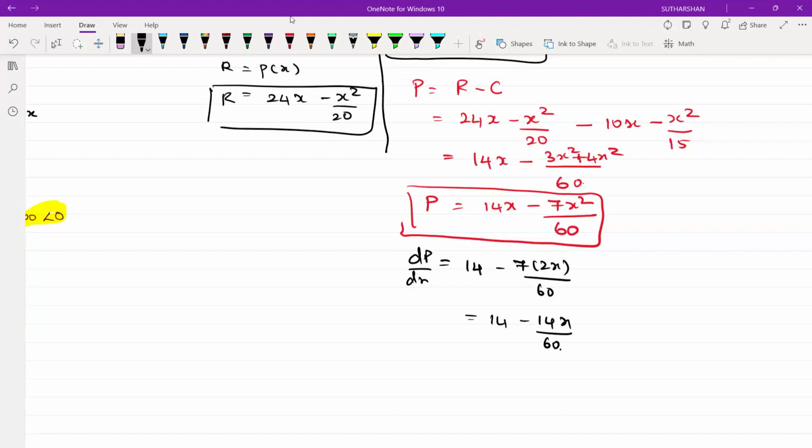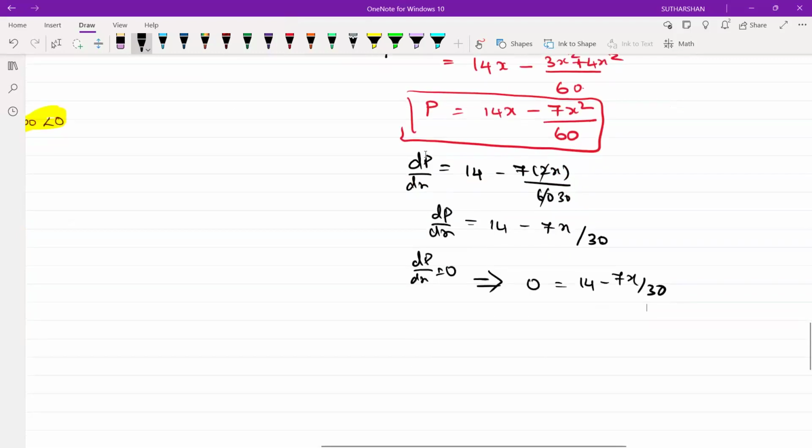If I cancel, it will become 7x by 30. I will substitute dp by dx equal to 0, so 0 is equal to 14 minus 7x by 30. This will become positive. If I write step by step, 7x by 30 is equal to 14. Finally, I will tell you how it will become.